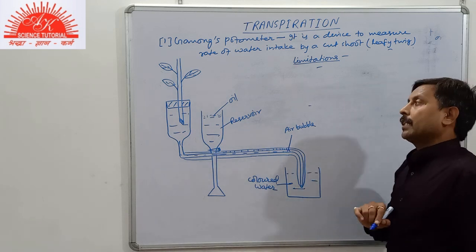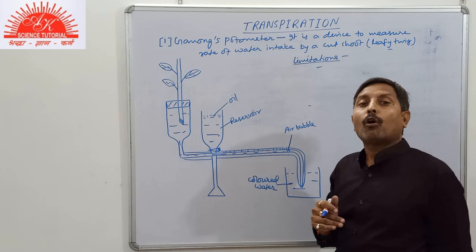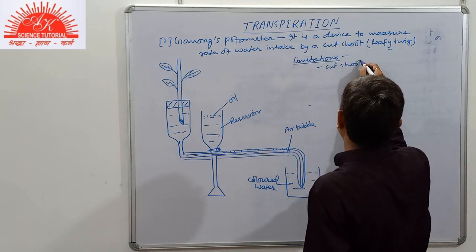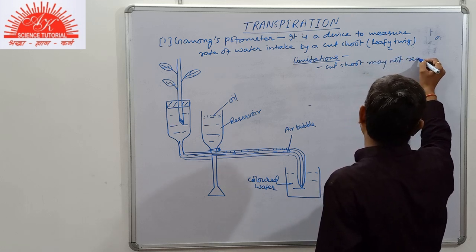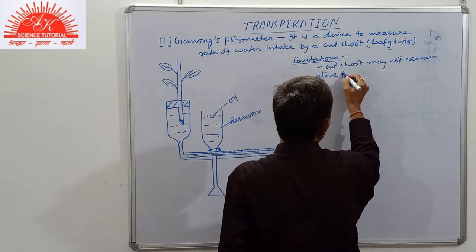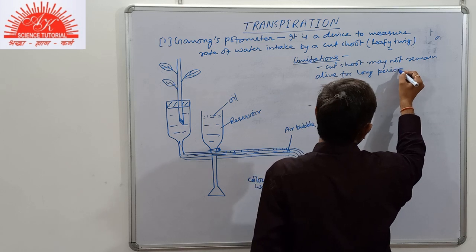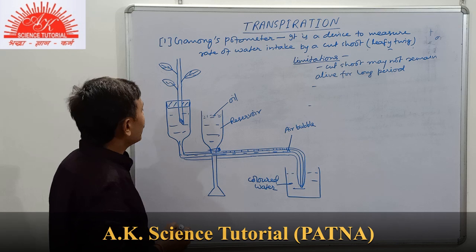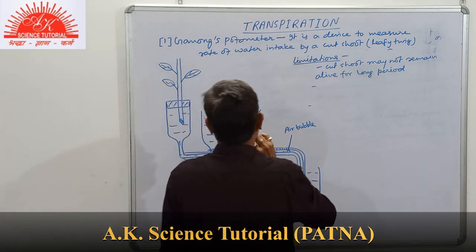The first limitation is that the cut shoot may not remain alive for long period. The reason is that it is not the rooted plant, so ultimately or gradually it will die.